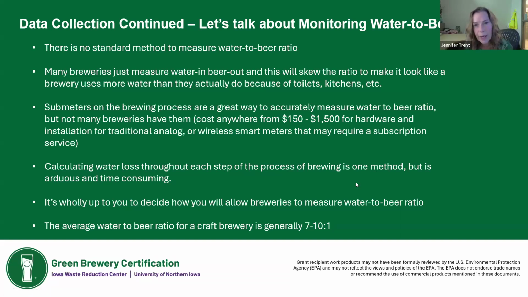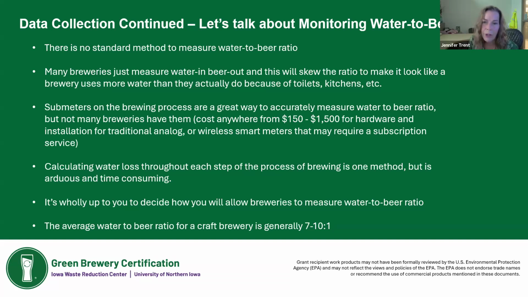And this is the only way a lot of breweries are monitoring water to beer ratio. It's not super accurate, but at least it's a start. There are multiple ways to measure water to beer, and there's no standard. We've been looking for a standard that all breweries use throughout the United States, and there is just not one.